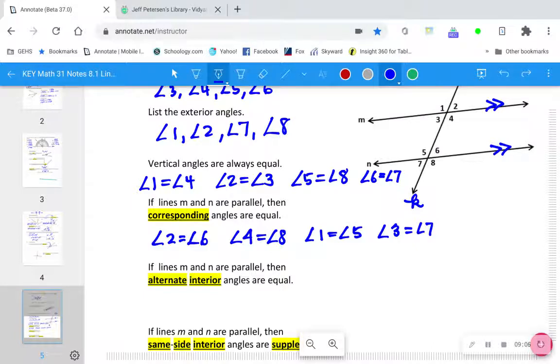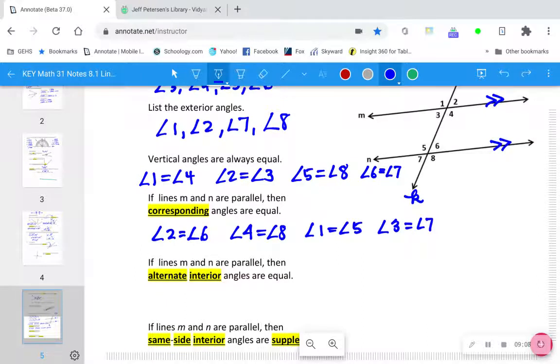Now, the next pair that's equal is the alternate interior angles. So we've got these interior angles right here, and we're going to pick one from each side of the transversal and one from each intersection. So that could either be 4 and 5 or 3 and 6.